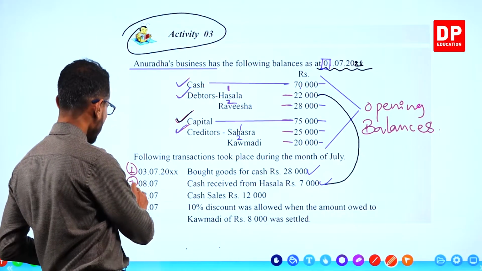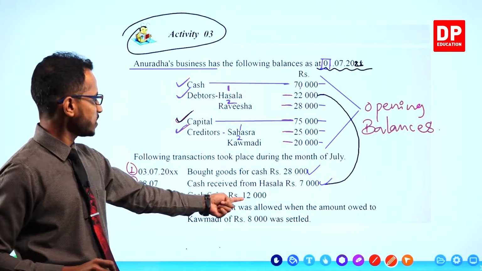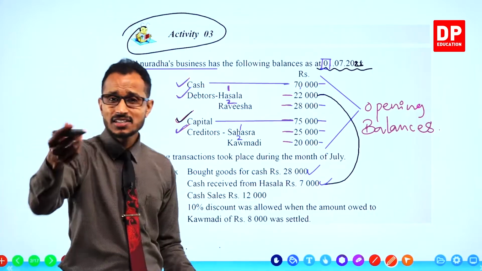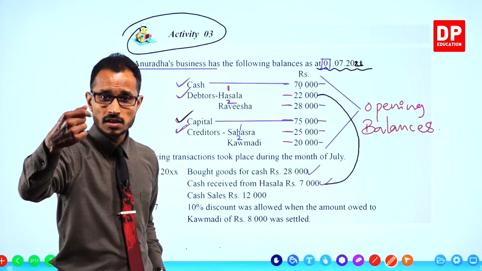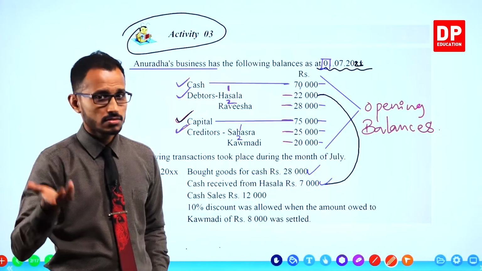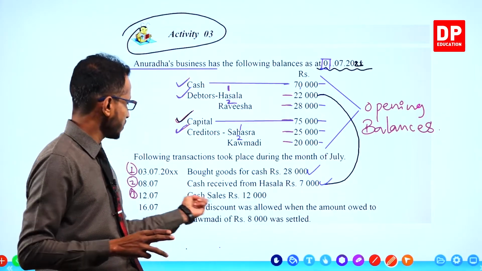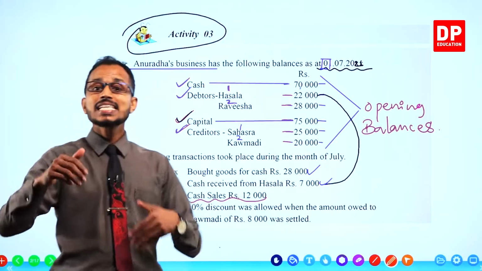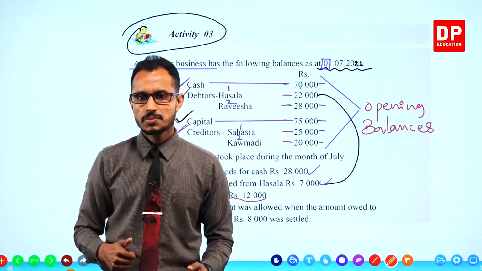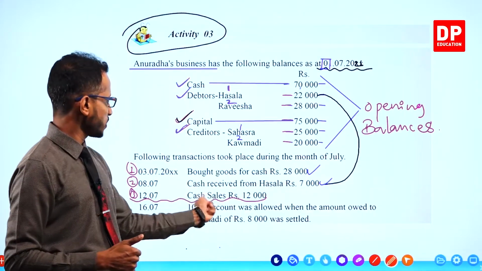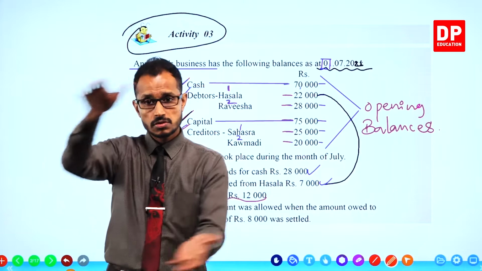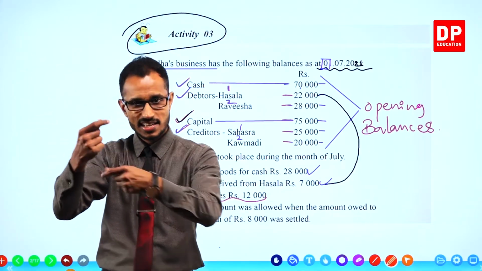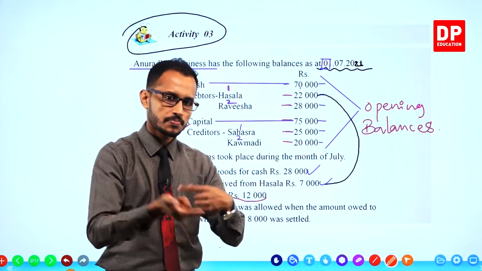Third one, cash sales 12,000. It's easy. Cash sales. Are we selling cash? No. Cash sales means selling goods for cash. That is the meaning of cash sales. Cash sales 12,000. Selling goods and getting cash to the business.